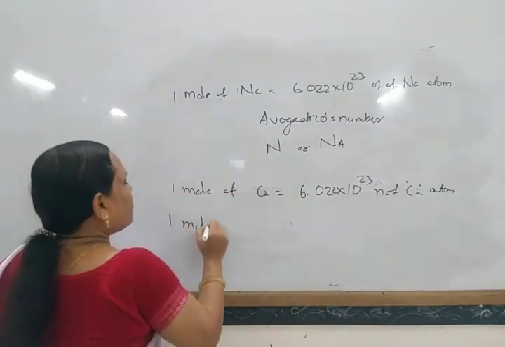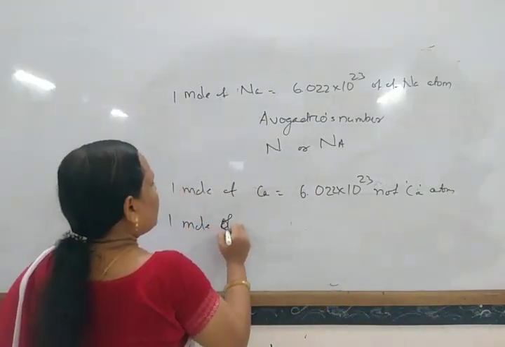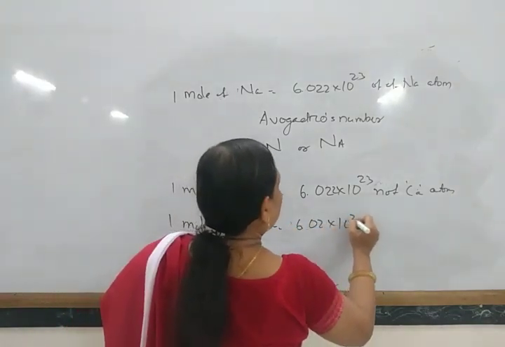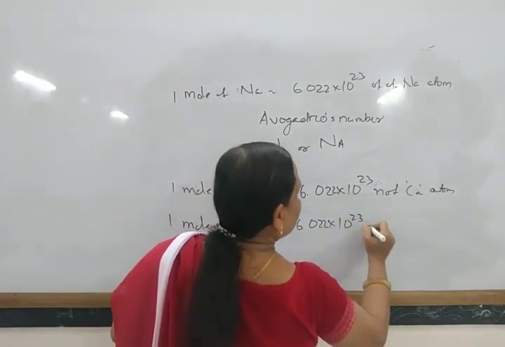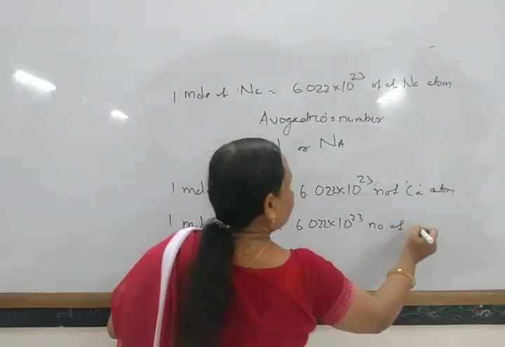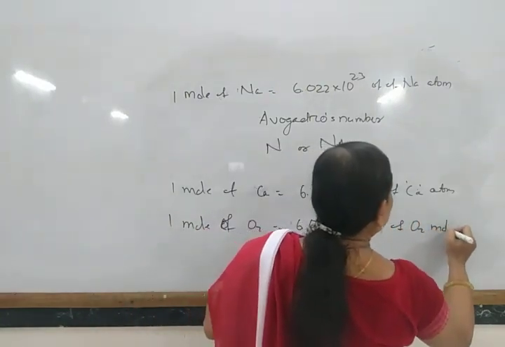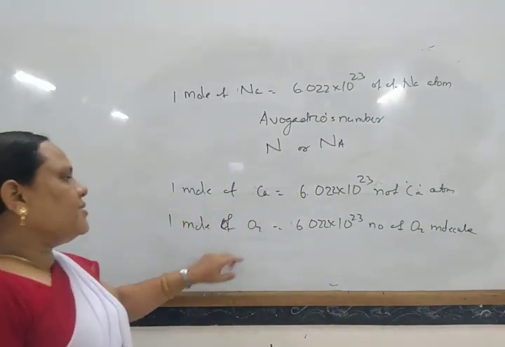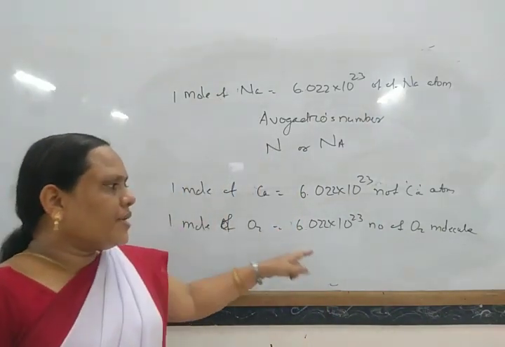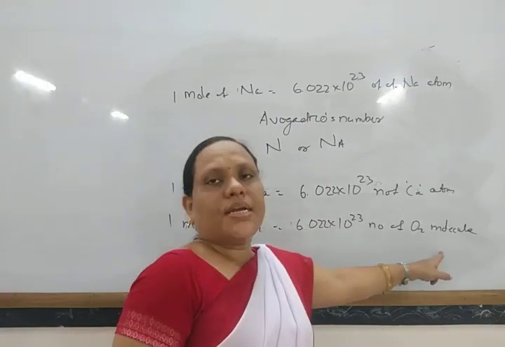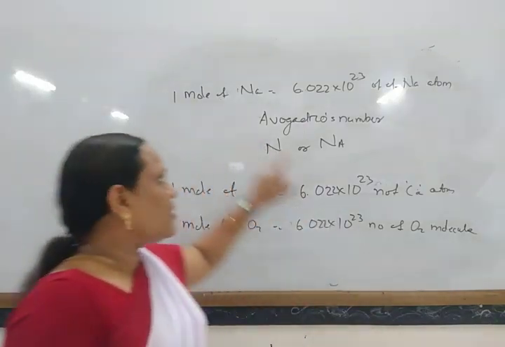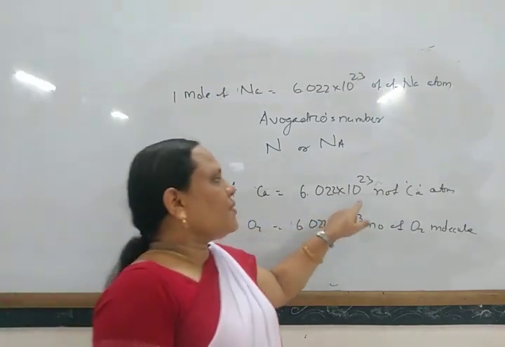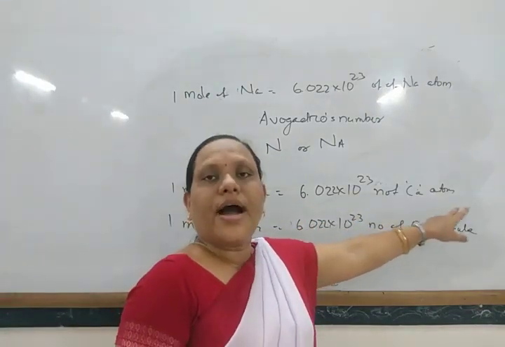1 mole of oxygen means 6.02 × 10^23 oxygen molecules. So in terms of molecules, it is 6.02 × 10^23 molecules, and for elements, 6.022 × 10^23 atoms.